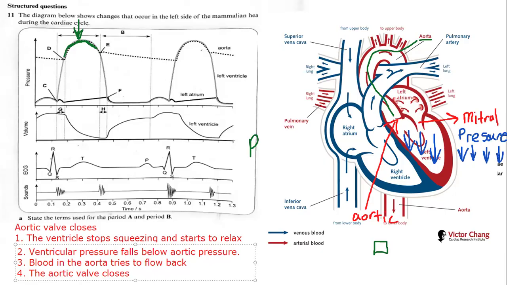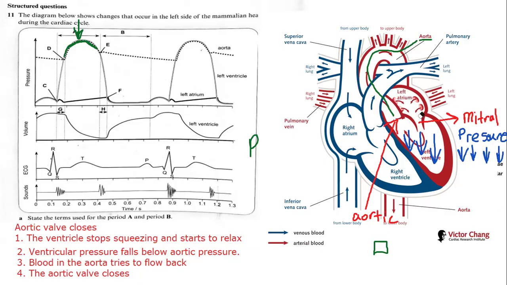Pressure in blank or pressure in blank? What causes the mitral valve to open again? The increase in pressure in the left atrium. Because remember, it's a comparison. The increase in pressure in this compared to what? The decrease in pressure in the left ventricle. Very good.